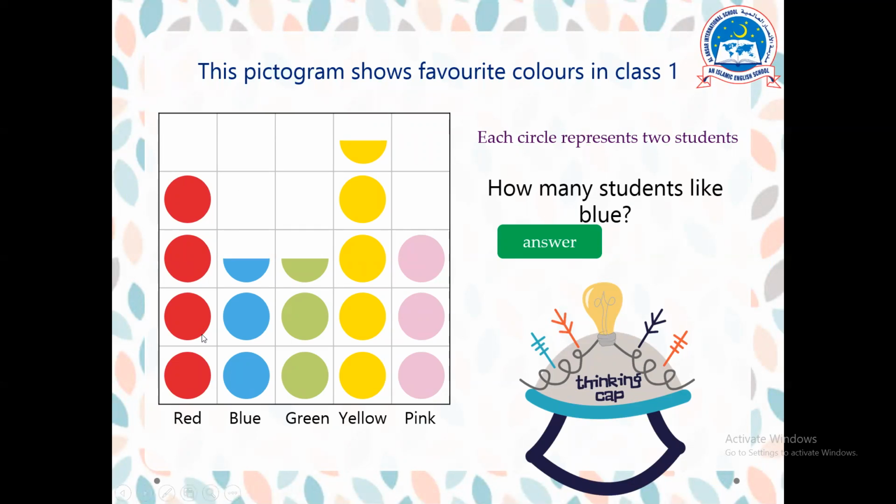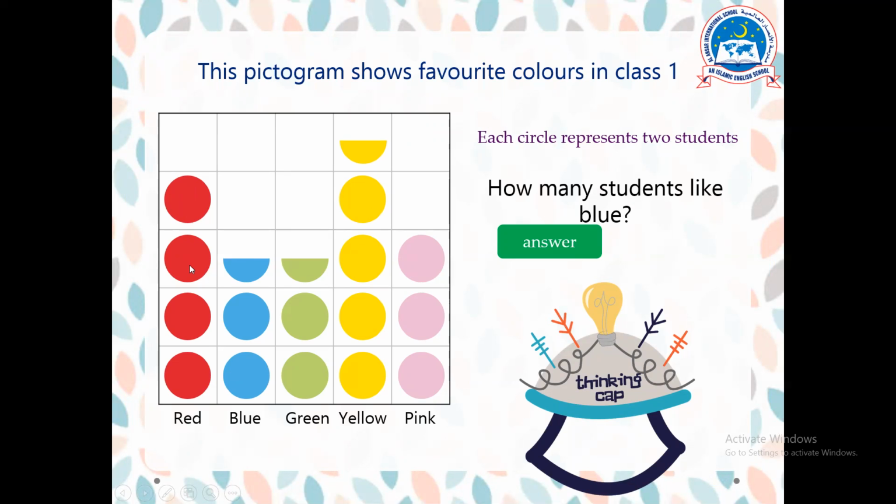Look here. Now, this pictogram shows favorite color in a class. So many students voted for their favorite color. As you can see in this pictogram, they voted for red, blue, green, yellow, and pink. Each circle represents 2 students, okay? So this red circle here means 2 students voted for red.